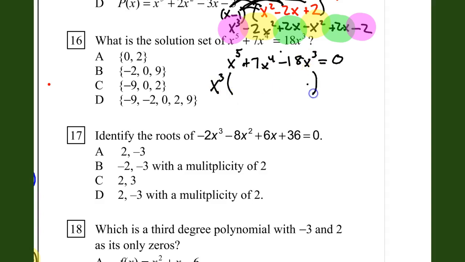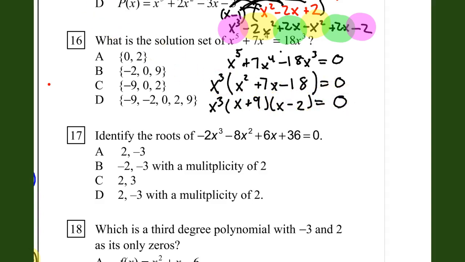We'll have x squared plus 7x minus 18 equals 0. And finally, this factors. See what multiplies to negative 18 and adds to positive 7. That'd be 9 and 2. Positive 9, negative 2.